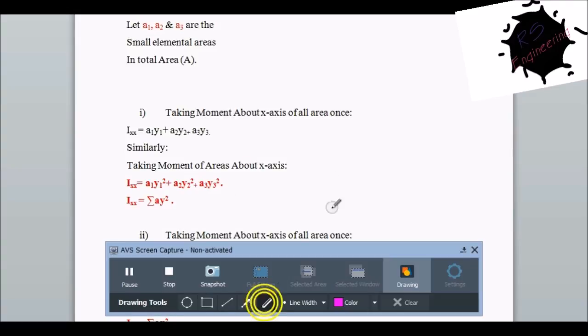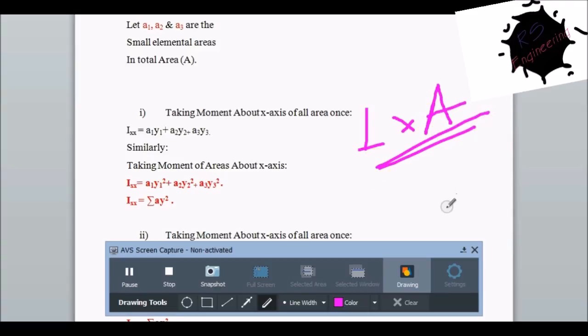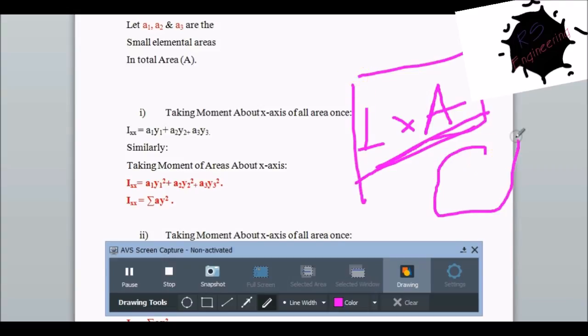Moment is the perpendicular distance times that area.